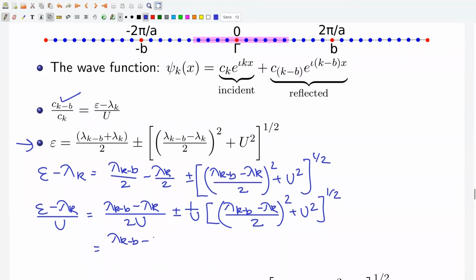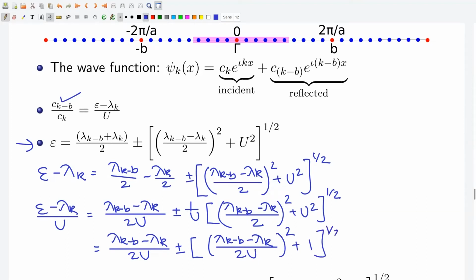And then we just rearrange the terms and take u inside the square root and write it as ((lambda_(k-b) minus lambda_k) divided by 2u) whole square plus 1, whole power half.